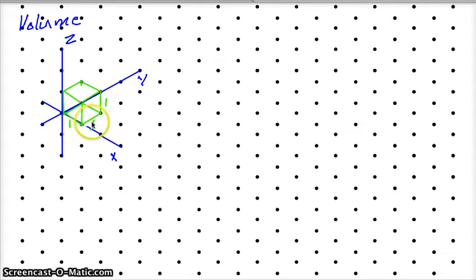So to find the volume, essentially what we're doing is multiplying the base times the height times the width. Okay? Here, let's say this is the base, this is the width, and this is the height. So that's going to equal 1 unit cubed, since we have 3 dimensions there.